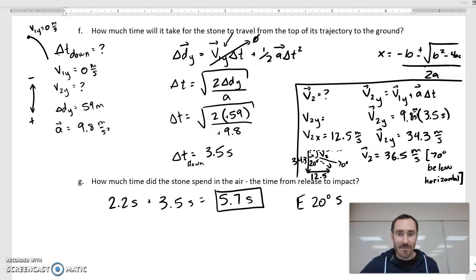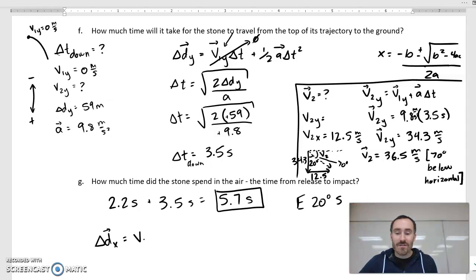Now the last thing that is often asked, what is the range? How far does it travel horizontally? And we've done that before. You're looking for change in dx, so I want to just fill in this last little bit to round the whole thing off. What's everything you could possibly answer? That's what this question does.